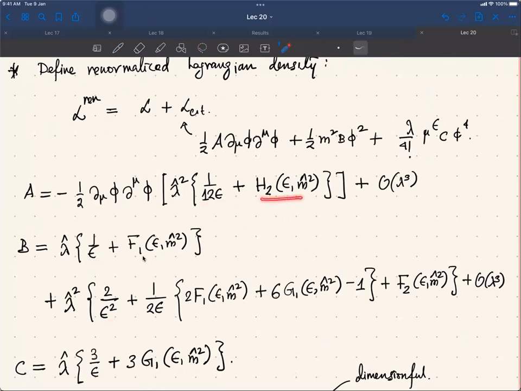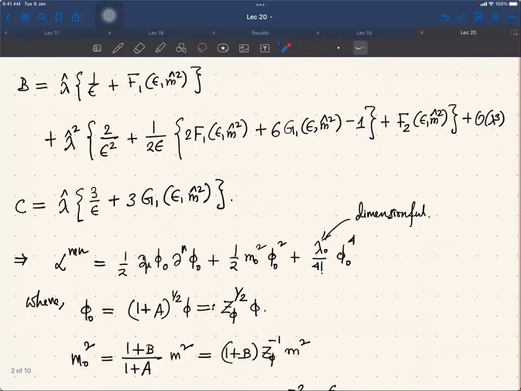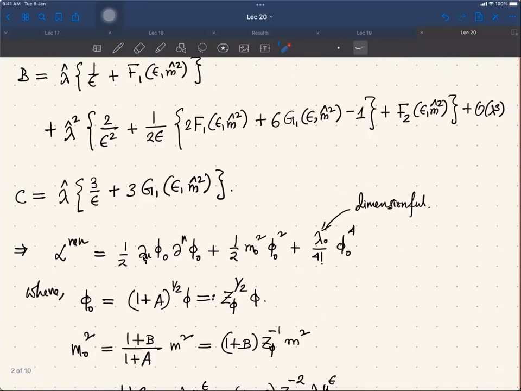They also depend on the finite ambiguities, F, G, and H coefficients, but they diverge.